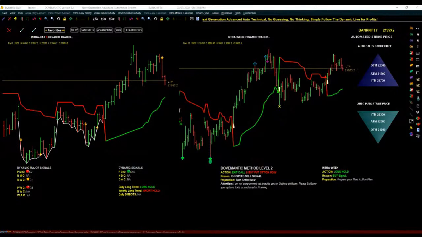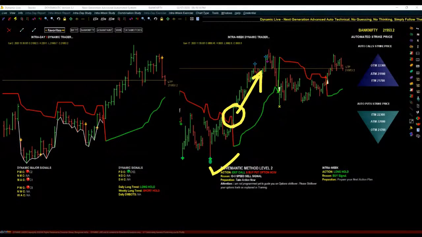How to secure your profits? Let me show you a small example here. This is just an example to make you understand. At this point in time, let's assume that it was written here as buy call option now. Just assume. When it said buy call option, let us say I bought a 22,000 strike price call option at 100 rupees premium. And after buying it, the price started moving up.